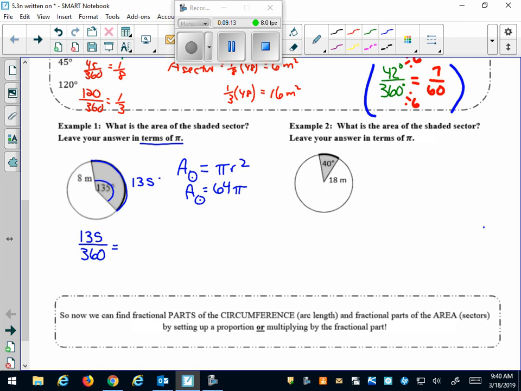So we could simplify this ourselves, because we want our brains to keep working. If I divide top and bottom, what goes into both of these? 5, right? That's probably the most obvious one. 5 into 135. Remember, think 5 into 13 first.